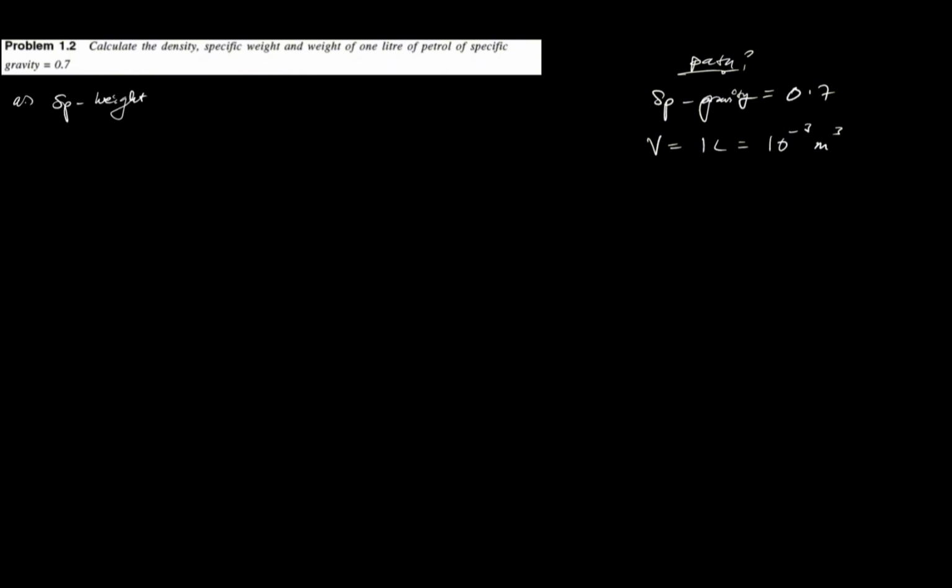So now, with what we have, what do we have to do? We can use the formula for specific gravity. Remember, specific gravity is equivalent to the specific weight of the fluid that you're studying divided by the specific weight of water.